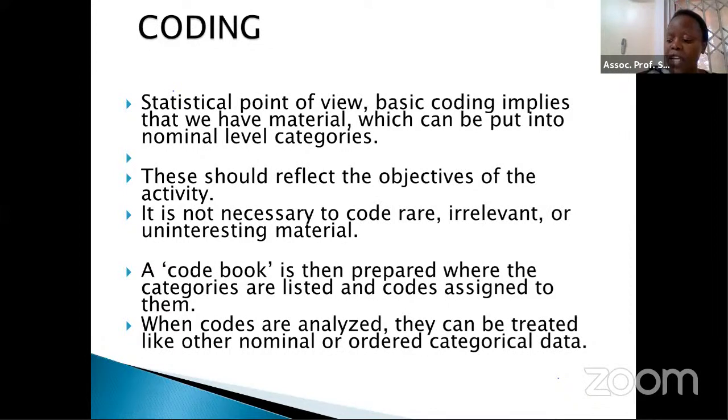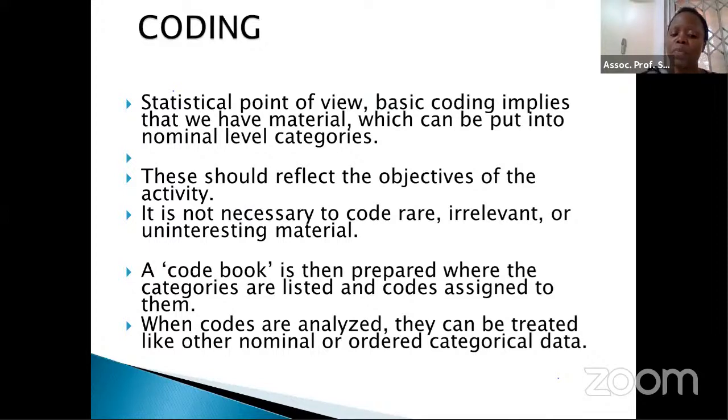For example, if we have our question as gender of respondents and the responses are male and female, for ease of entering in the software, we give the codes: male 1 and female 0. It does not matter, we can interchange and say female 1 and male 0 because those numbers do not have a meaning. Don't say that 0 means there is no male or 0 means there is no female. No, they do not have a meaning. We just use them for ease of analysis.